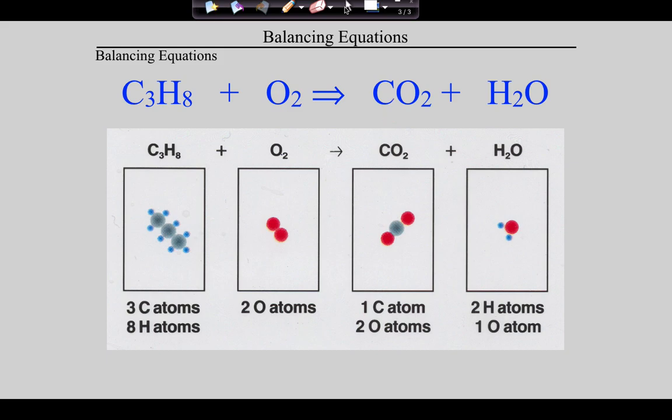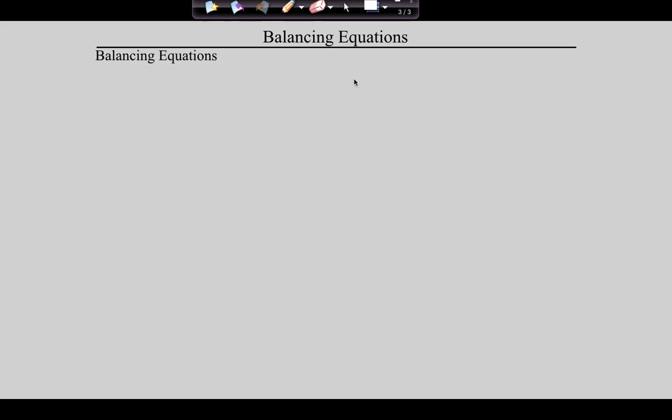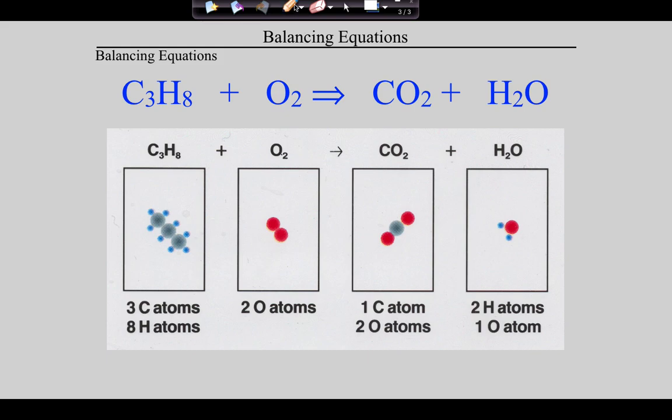So guys, if we want 3 carbons, what do we have to do? Well, we need 3 carbon dioxides. So we represent it like this. We need 3 carbon dioxides.